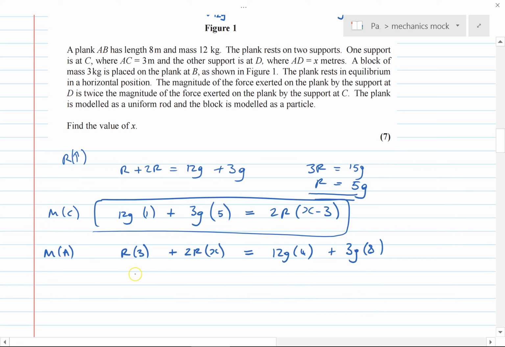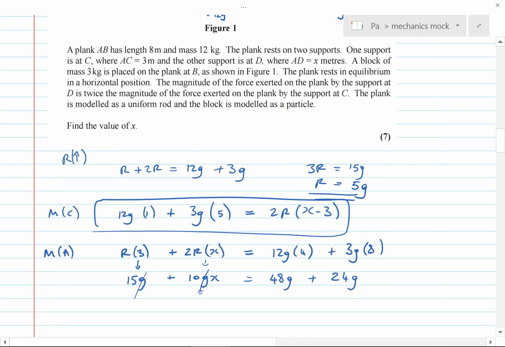So we know that R is 5g, so this is 15g here, plus 10gx here is equal to 48g plus 24g.